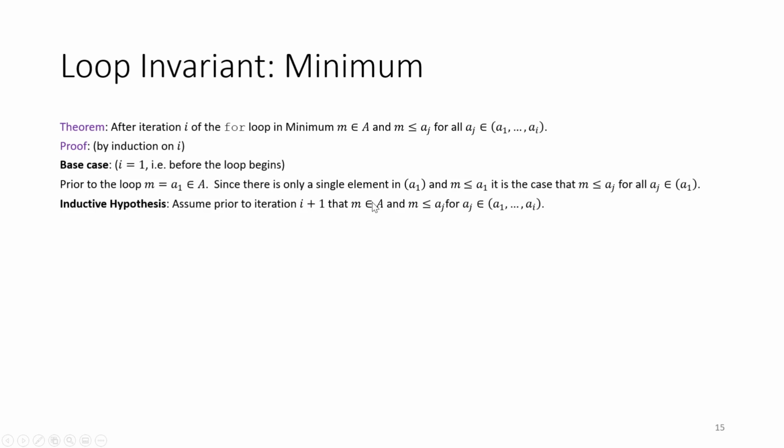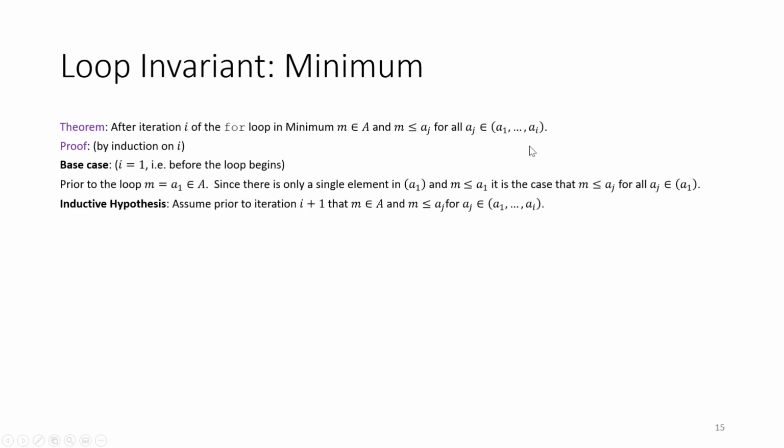We need to prove that after iteration i plus 1, m is still an element of A. We haven't messed up, we haven't swapped it out for something else. And that it still satisfies this principle here, except that instead of up to and including ai, it should be up to and including ai plus 1. So we want to include that one extra element.